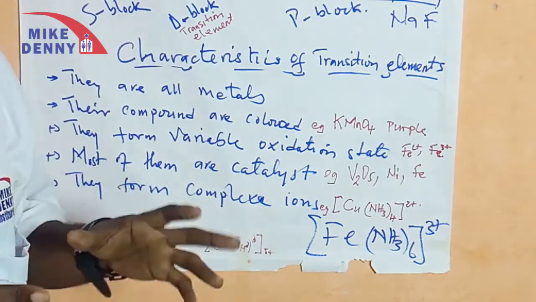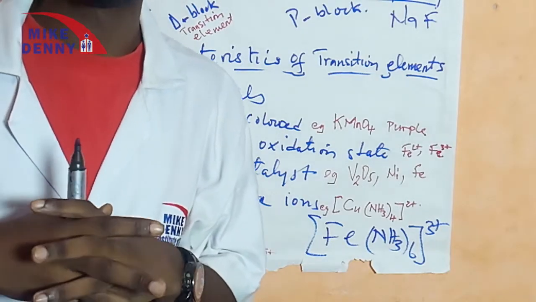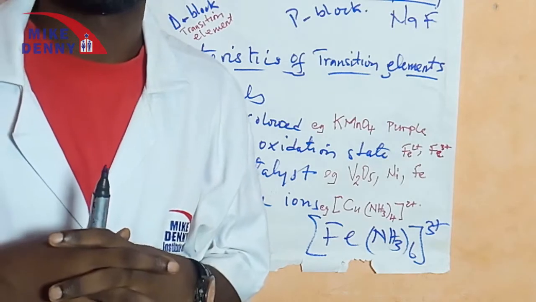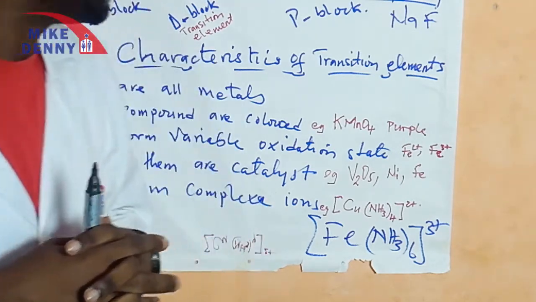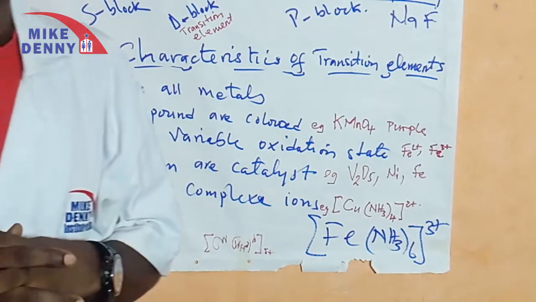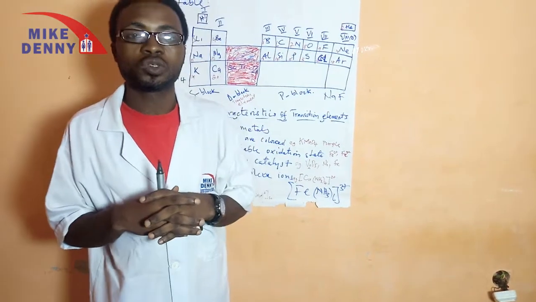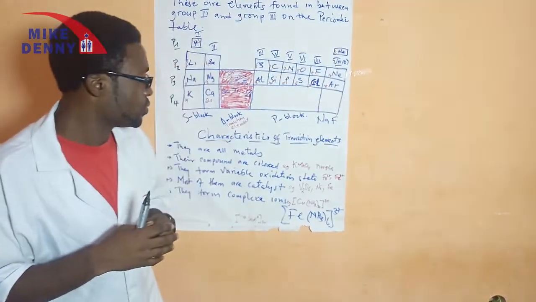Okay, today we're going to end here, but before I leave, I'll give you some assignment that you must do and send it to me over my WhatsApp. 1. State any 2 compounds that are colored. I mean of the transition element. 2.